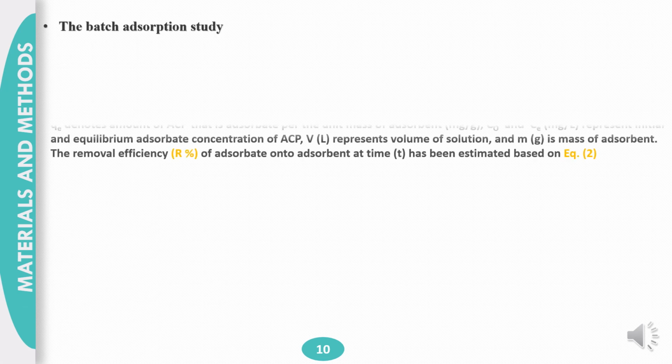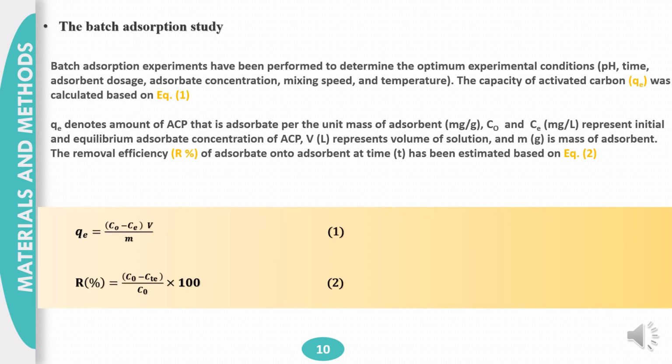The batch adsorption study. Batch adsorption experiments have been performed to determine the optimum experimental conditions: pH, time, adsorbent dosage, adsorbate concentration, mixing speed, and temperature. The capacity of activated carbon, Qe, was calculated based on equation 1. Qe denotes the amount of acetaminophen that is adsorbed per unit mass of adsorbent.